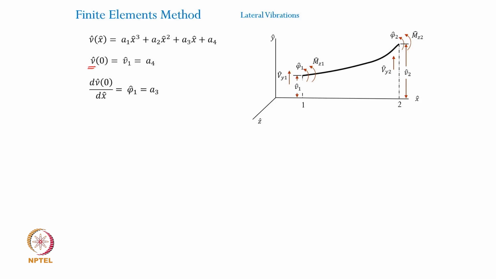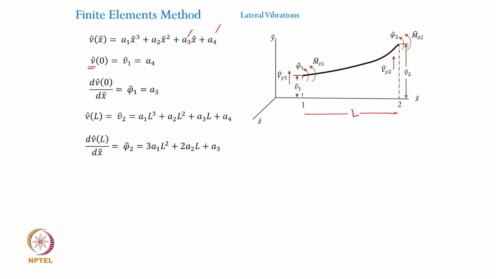So these unknown values of a3 and a4 are now defined in terms of the nodal parameters, the v1 and phi 1. And on similar lines, at x cap equal to L of this element, you can establish the expressions for the other two constants a1 and a2 using these two equations, with a3 and a4 already known as v1 cap and phi 1 cap.